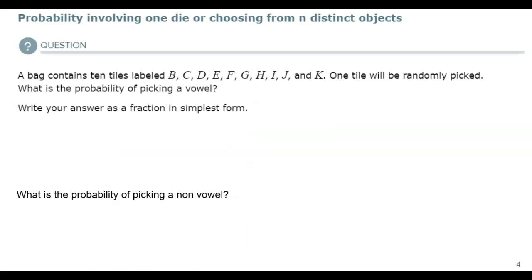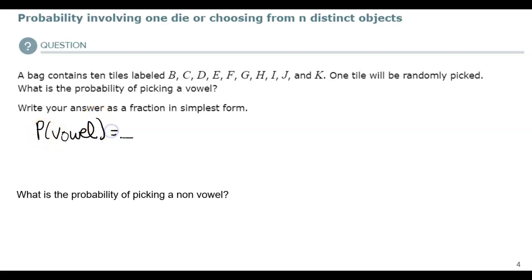This has a bag with 10 tiles that has 10 letters in it. We're going to pick one tile out. What is the probability of picking a vowel? This is theoretical because we don't have data. We haven't actually done it. So it's going to be P of a vowel, where P means probability.